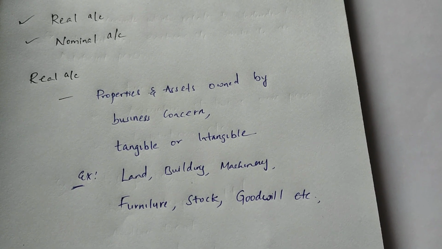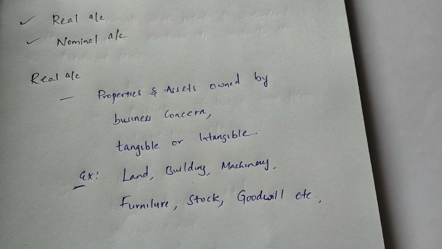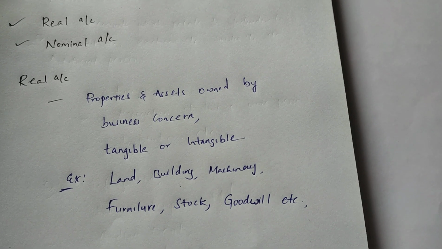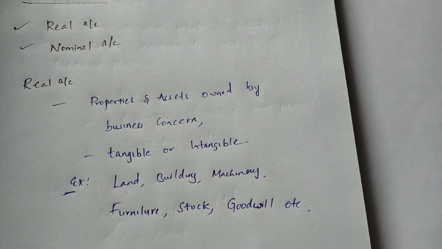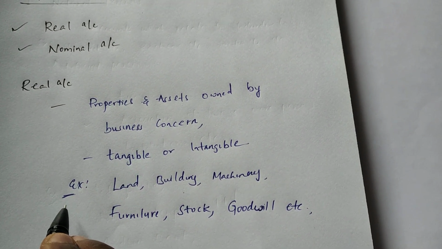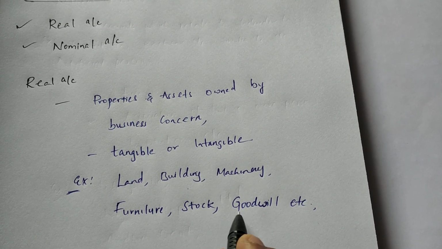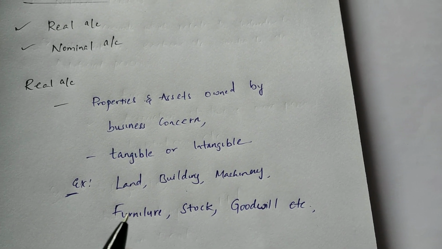Real accounts are accounts related to the properties and assets owned by the business concern. It may be tangible or intangible. And examples for the real account are land, buildings, machinery, furniture, stock, goodwill, etc.